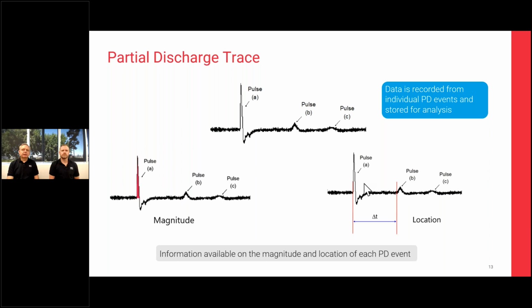And if we can see the distance, we know that the distance between pulse A and pulse C gives us the length of the cable, and the distance between A and B gives us the location of the PD signal with respect to the full length of that cable. So if we can measure all three of these pulses, then we can give you the amplitude of the discharge and also the location of the discharge. Okay.